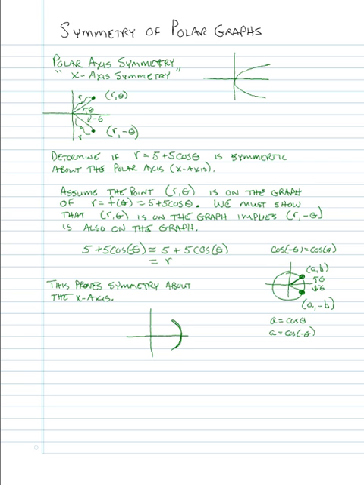Now, a greater dividend here is, notice this just relied on the fact that cosine of negative theta is the same thing as cosine of theta. So let me make a big point here.